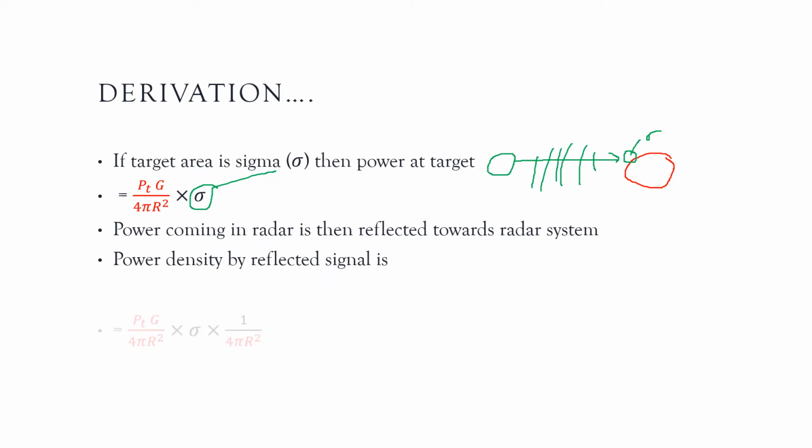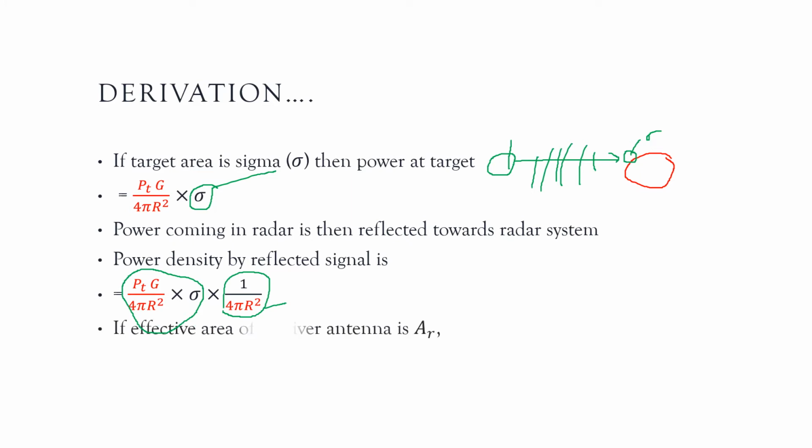It is the power over the area, because the area of the radar section is also 4 pi r square. So the power density of the reflected signal is this.